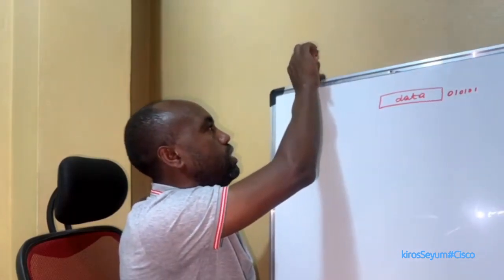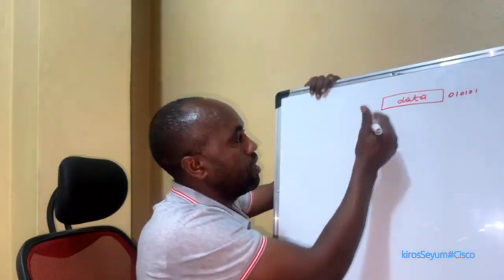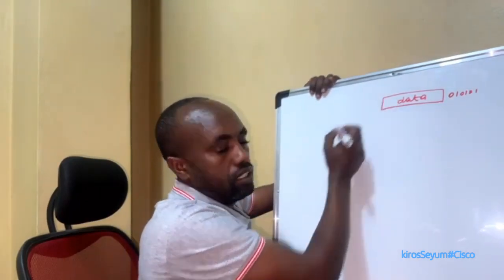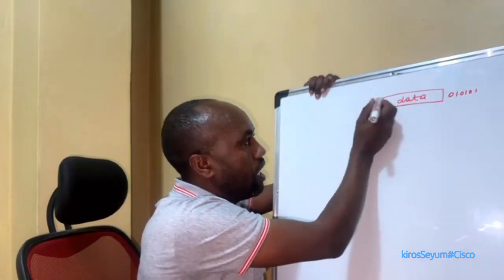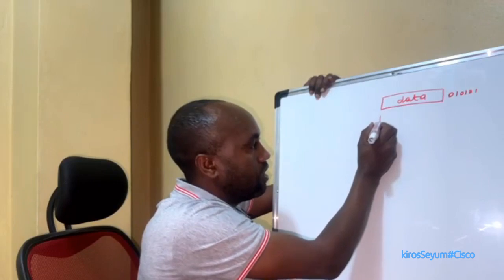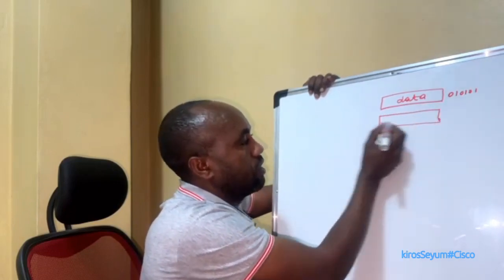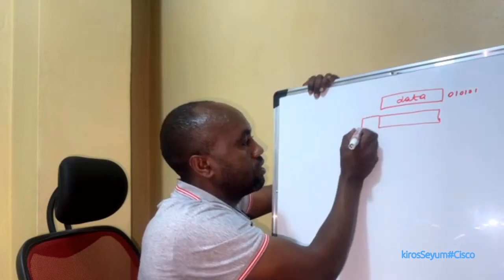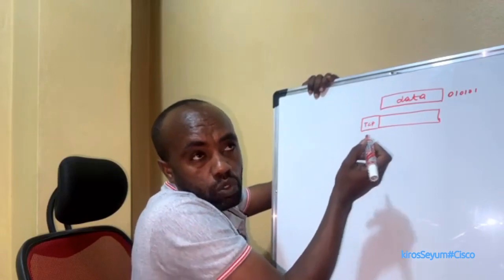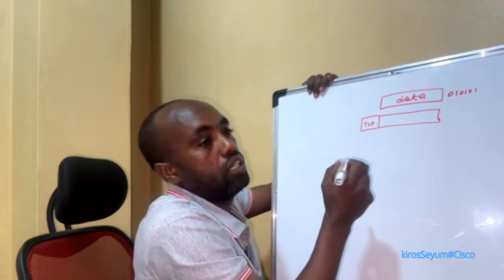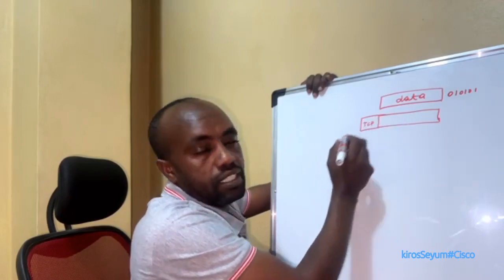When we say these protocols are going to be embedded, we have what we call headers, header encapsulation. First we have data, and to this data we add a header, which is the TCP header. This TCP header is zeros and ones, but it is a known protocol. Computers just see zeros and ones.